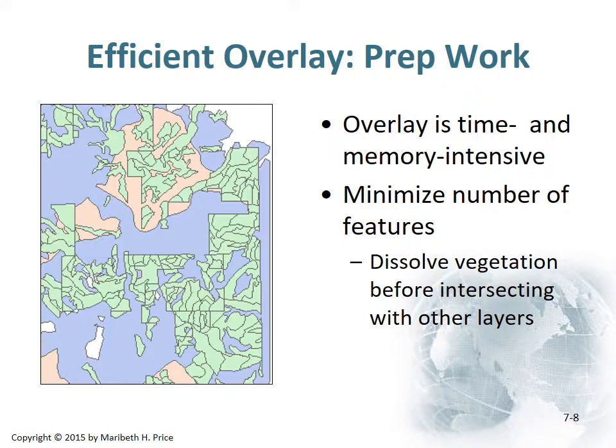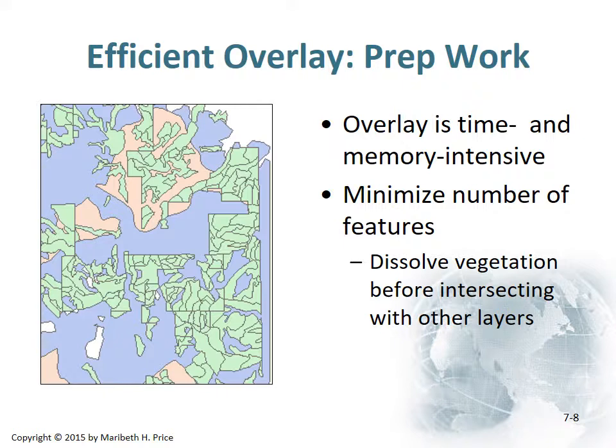Each color is a different dominant vegetation type in that particular area. And let's say the green is conifer trees. Now, for our analysis, if we only need to know that those are conifer tree dominated parcels, do we really need to have all the detail that we have now with the individual little pieces of land? And if not, then let's dissolve it.